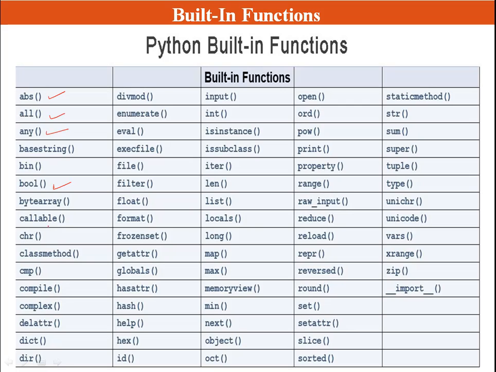Even divmod we have seen, enumerate we have seen, then we have seen float, right? Frozenset recently we have seen, then we have seen length over here, right? List, right? And max, min, then we have seen pow function, right?